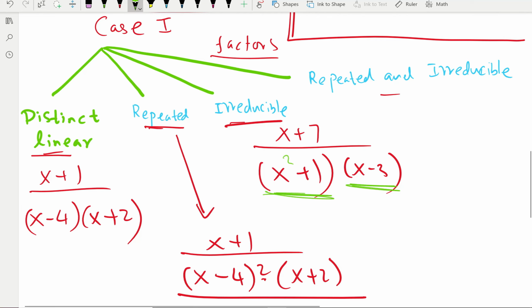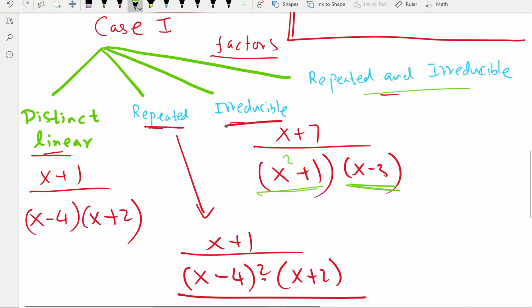Let's not go there. Simply, you cannot factor x squared plus 1 here. So we call it an irreducible factor. Think about the name. Irreducible means not reducible. You cannot reduce it down to linear factors any further. So this is the irreducible case.